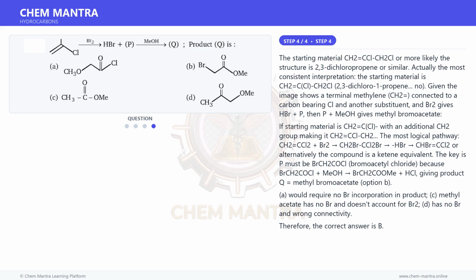The starting material is CH2=CCl-CH2Cl, or more likely the structure is 2,3-dichloropropane or similar. Actually, the most consistent interpretation: the starting material is CH2=C(Cl)CH2Cl, 2,3-dichloro-1-propene.